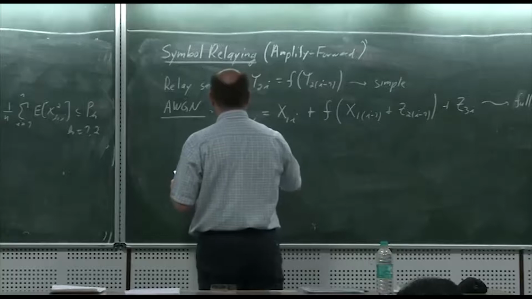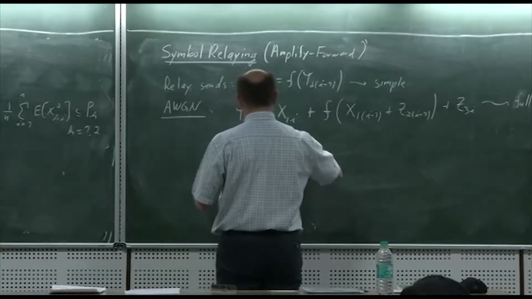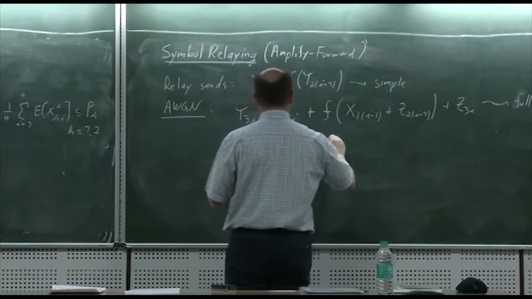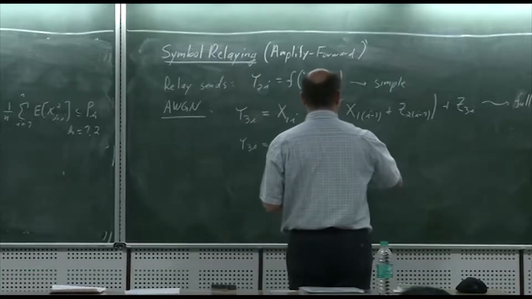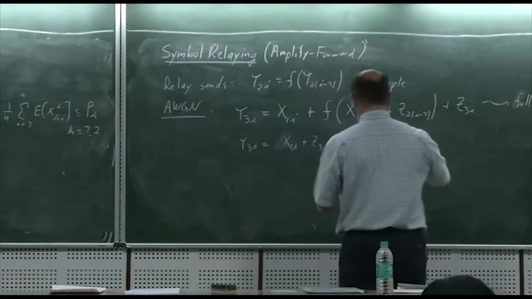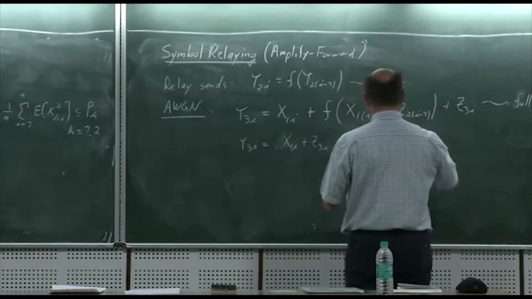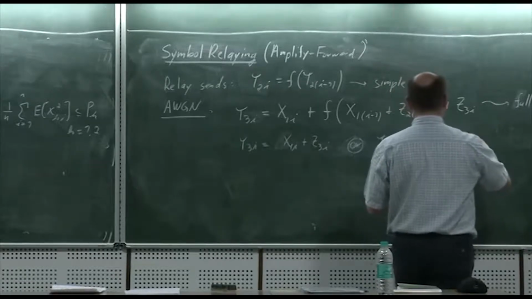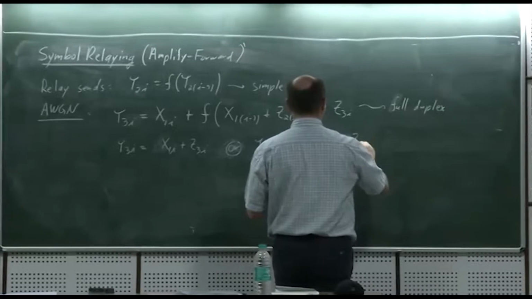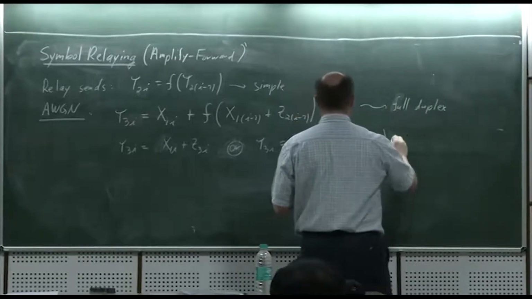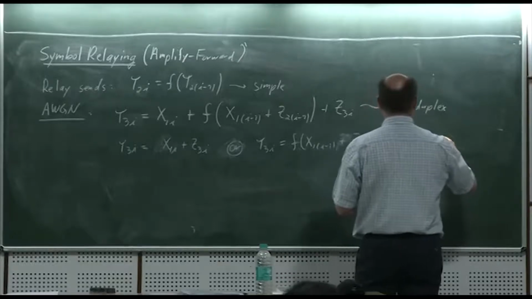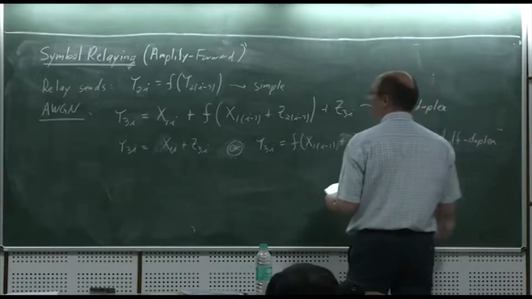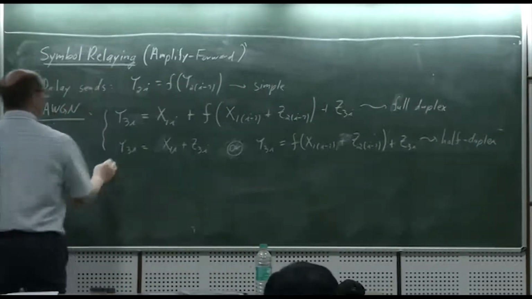Or for half duplex, we will get y3i equals x1i plus z3i if the relay is listening, or if the relay is talking, we'll get y3i equals f of x1i minus 1 plus z2i minus 1 plus z3i. So this is half duplex, just as two examples of what's going to happen.